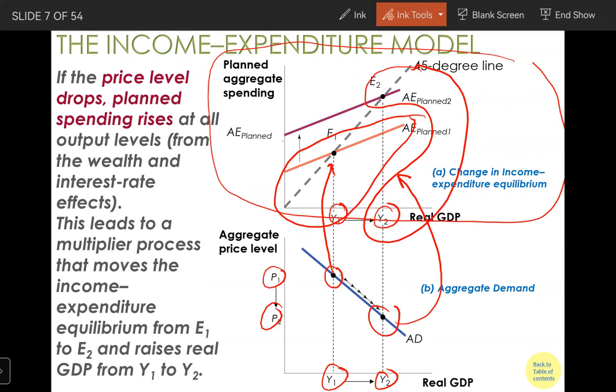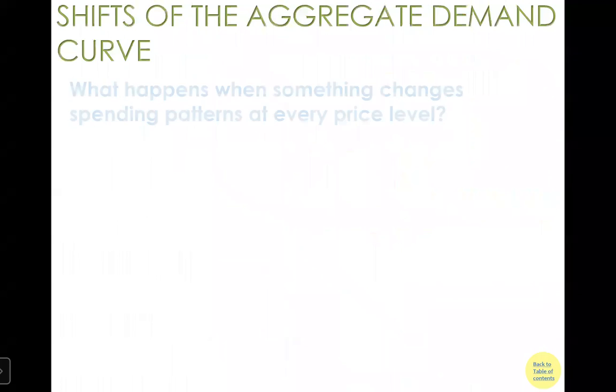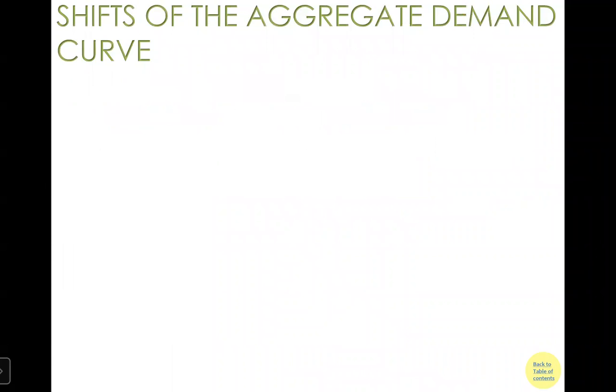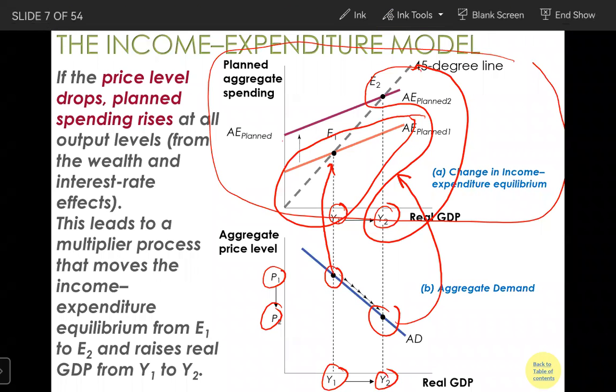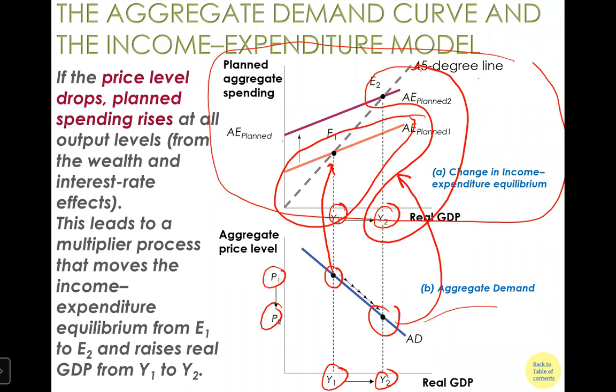Let me clear everything. So essentially this says we are going to see a correlation between price level and the real GDP, right?